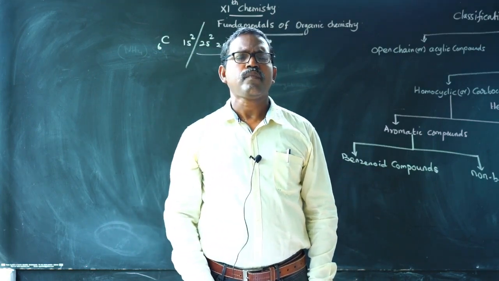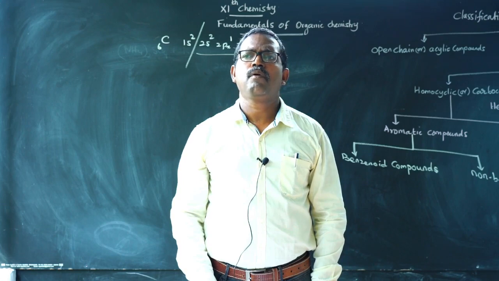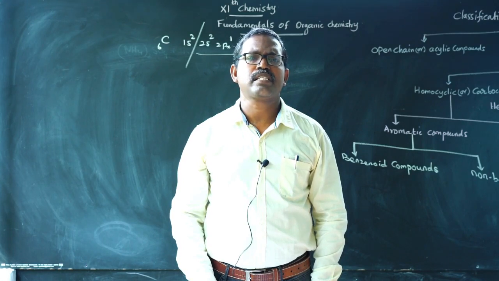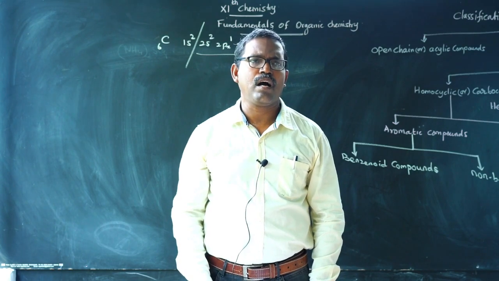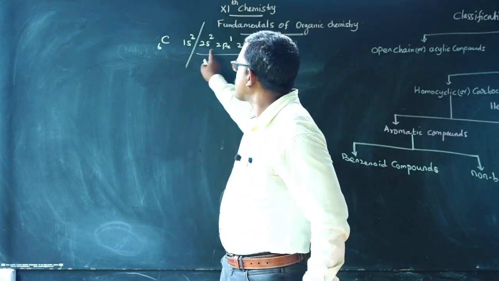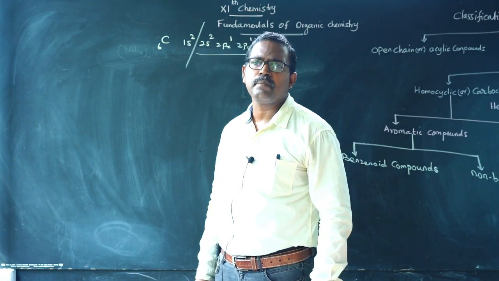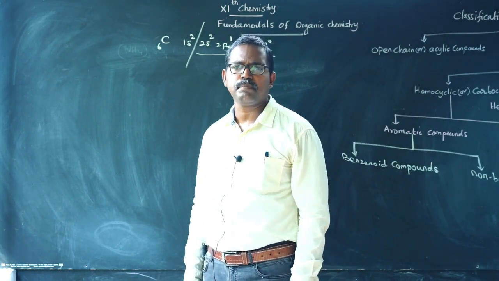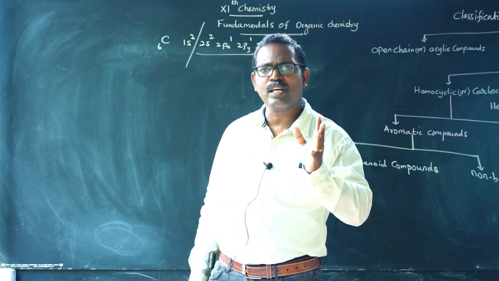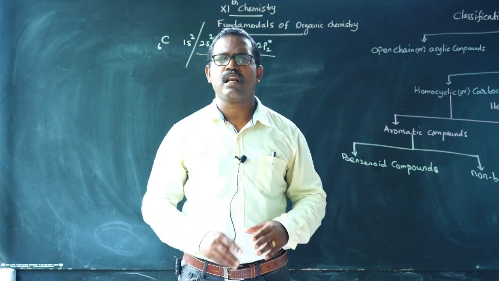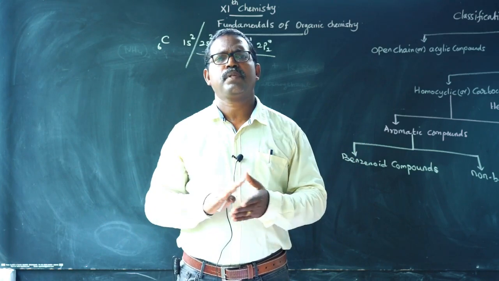Carbon needs another 4 electrons to attain a stable octet electronic configuration, or the 4 electrons in the valence shell must be removed to attain the stable electronic configuration. Simply said, either add 4 electrons to the valence shell or remove 4 electrons from it.